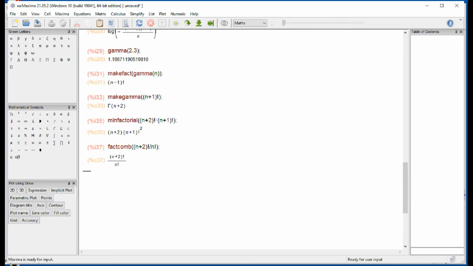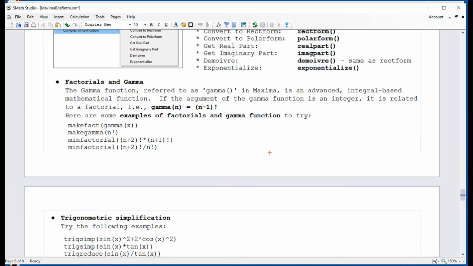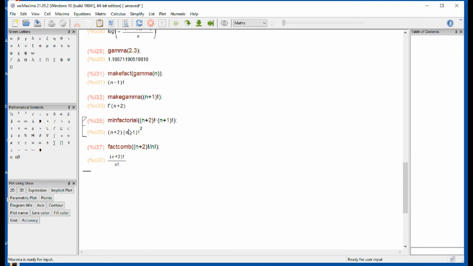Didn't simplify much. Let me see if I get that right. Yes. Oh, actually this is still with min factorial. So I'm going to correct that here and type min factorial. This is another example. So simplifying that gives you n plus 1 multiplied by n plus 2.